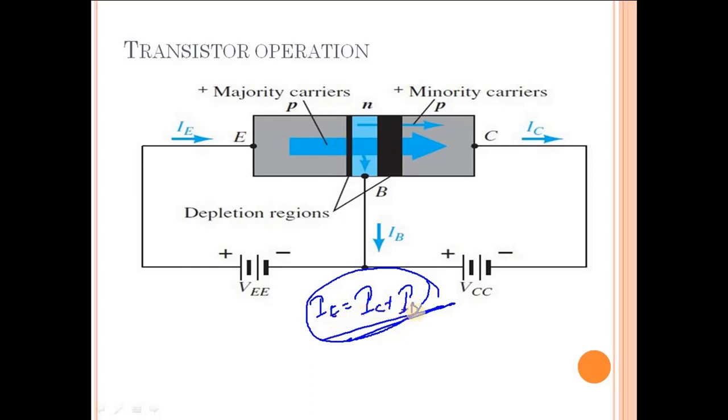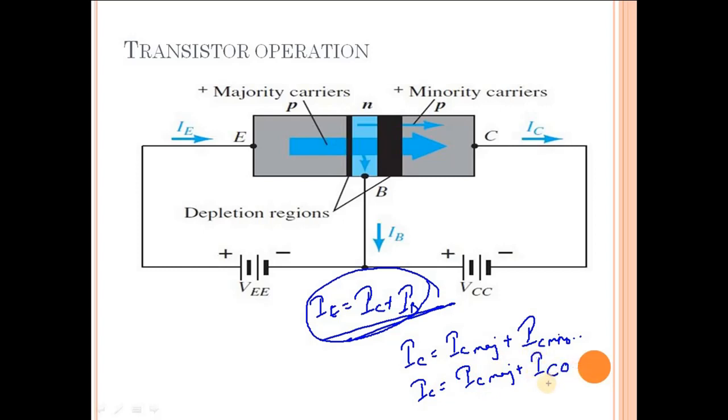Another equation from this discussion is that IC is IC majority plus IC minority. In some texts IC minority is written as ICO, so it is IC majority plus ICO.